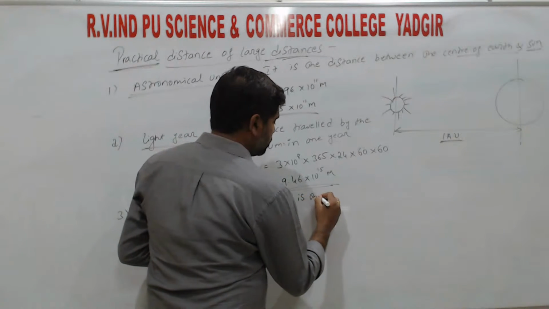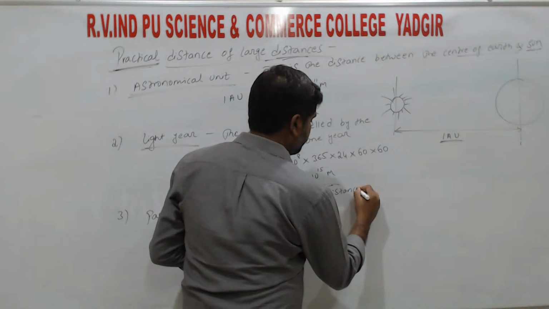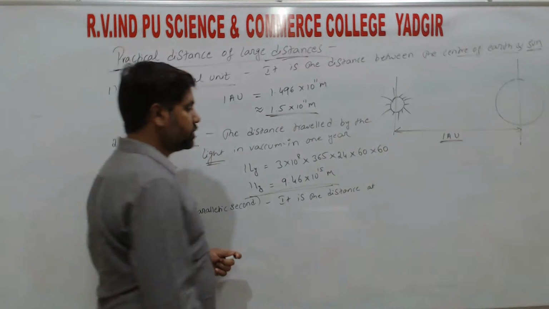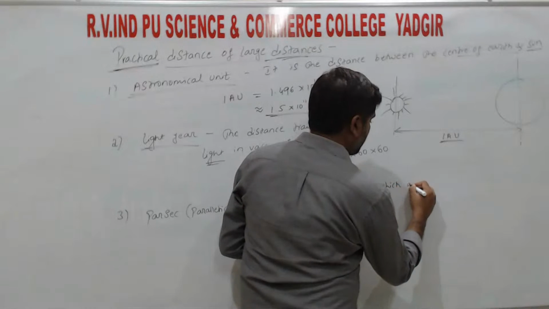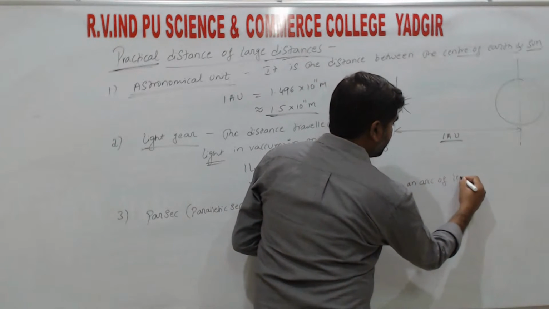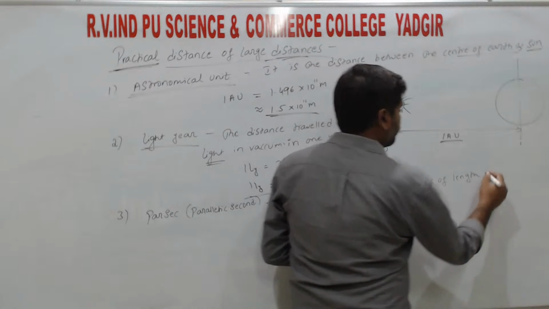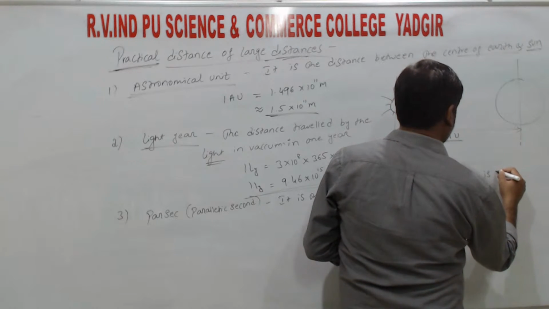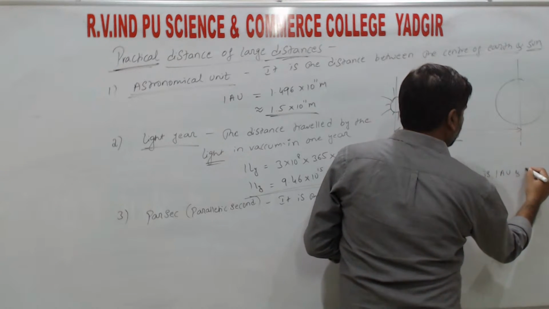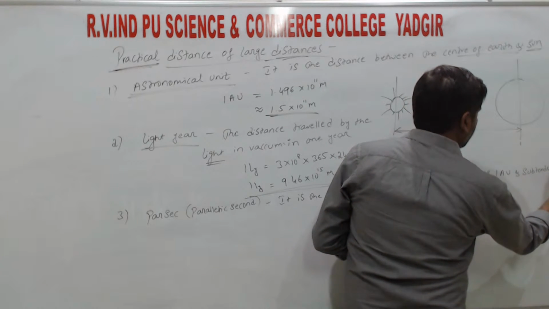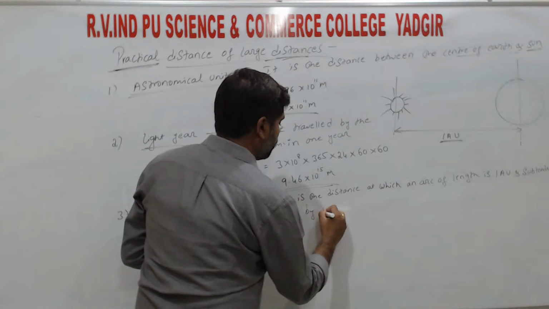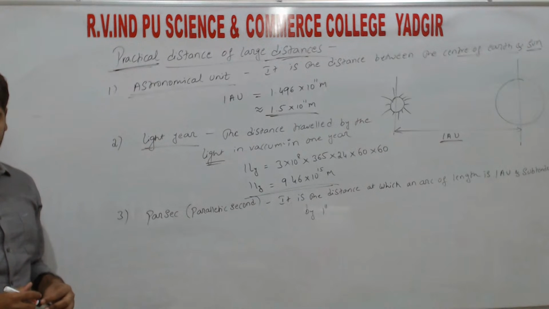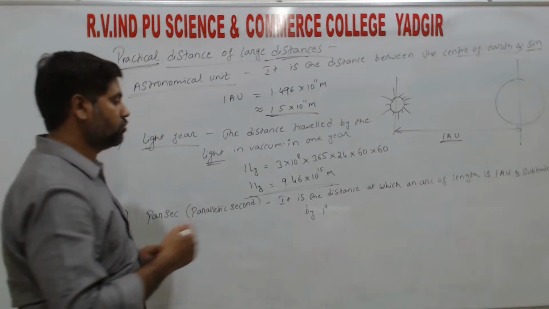So it is the distance at which an arc of length 1 astronomical unit is subtended by an angle of 1 minute.